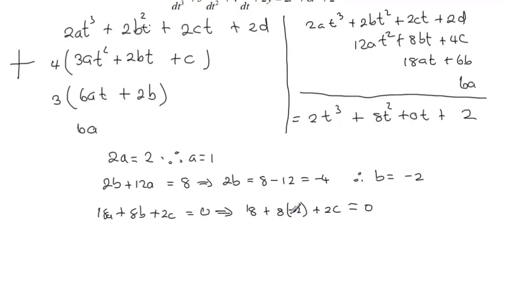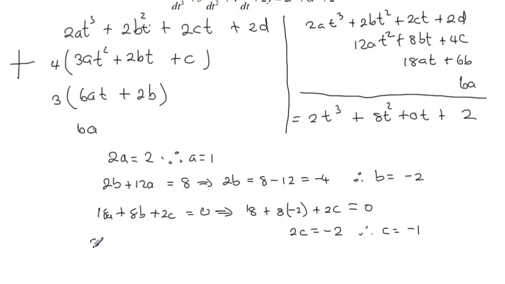Got 18 minus 16, which is a 2. And then we've got here 2c equals minus 2, where we can conclude that c is equal to minus 1. Now we are left with d.